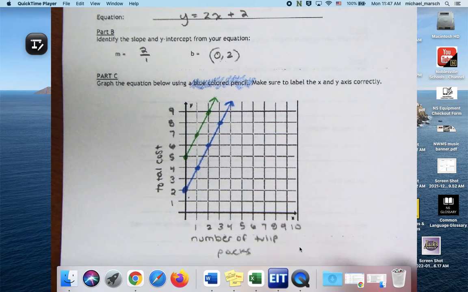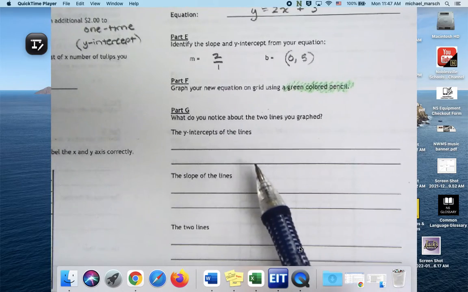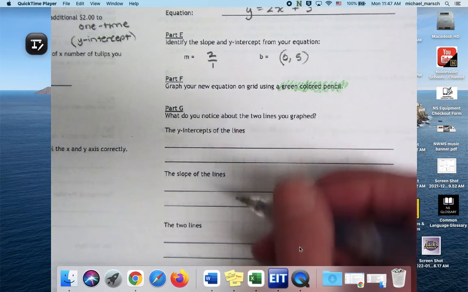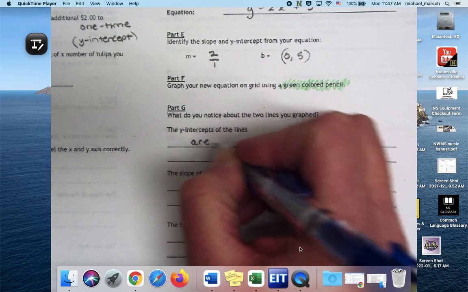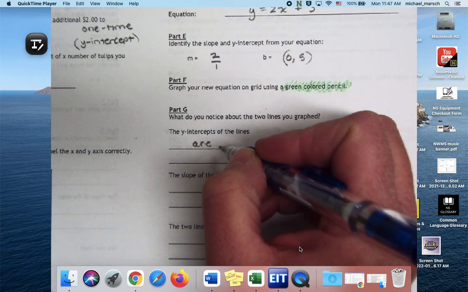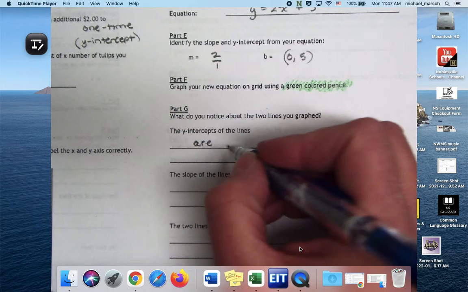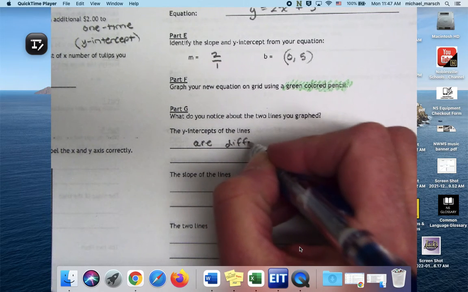Okay, so let's do some more analyzing over here. The y-intercepts of the lines, are they the same or different? They are different, right? Why are they different?